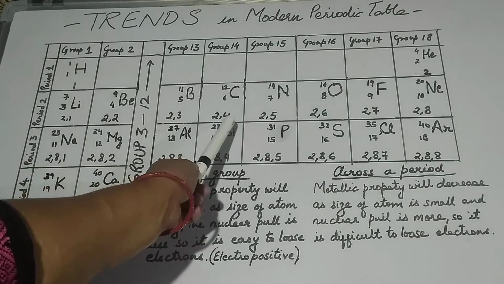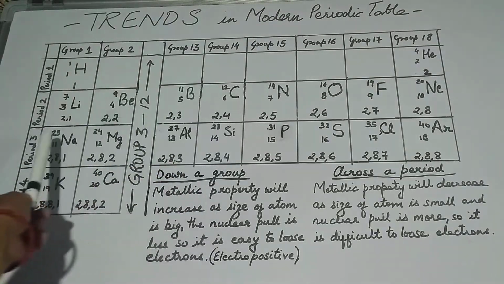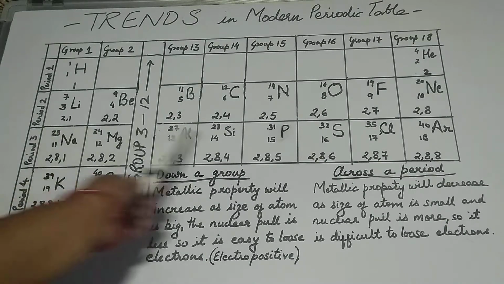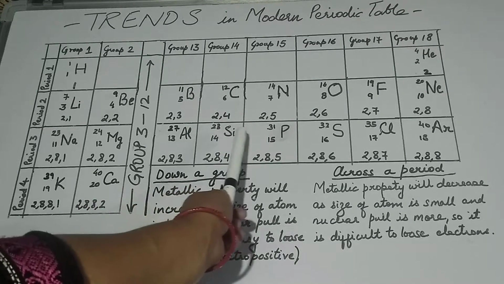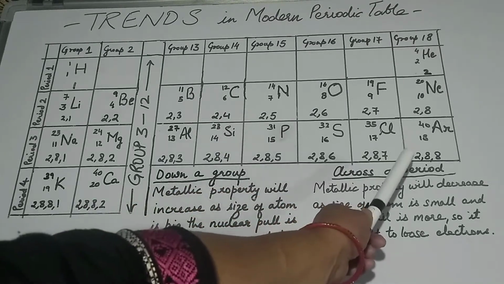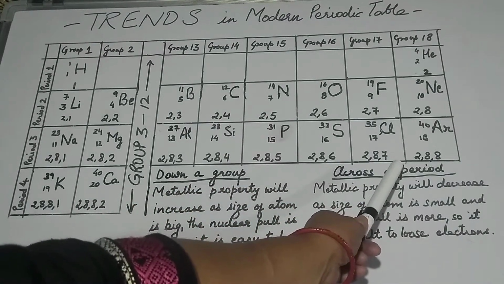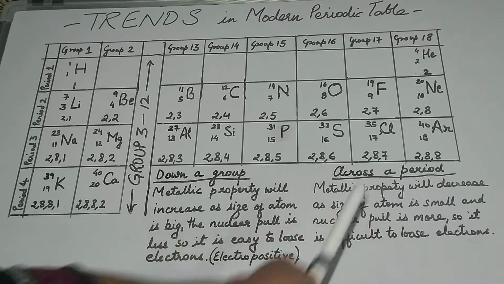So across, it's going to decrease. So much so that when we are moving from this side to that side of the periodic table, the metals lose their properties and we have non-metals towards the right side of the periodic table.